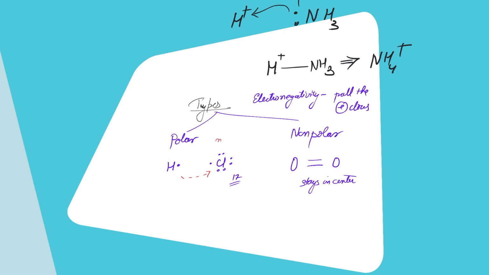Why? Because chlorine is more electronegative. And hence this kind of molecule will have a partial negative charge and a partial positive charge.